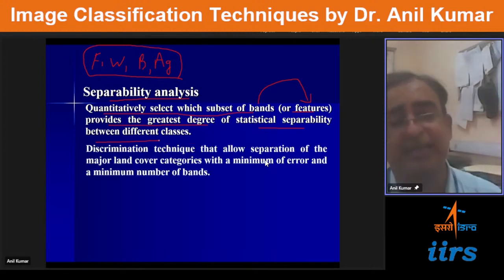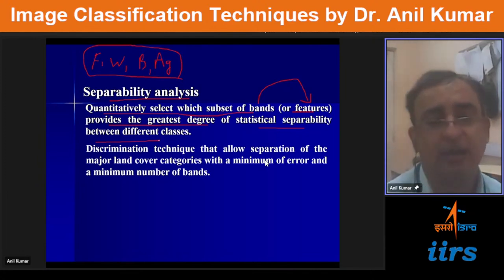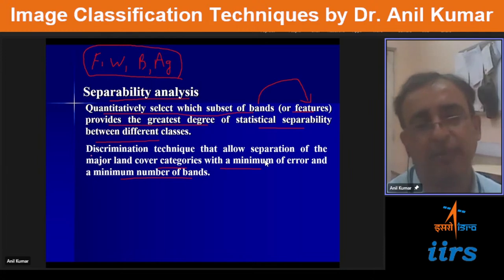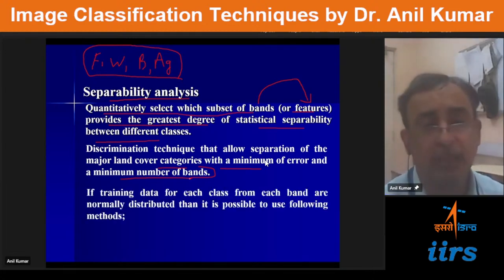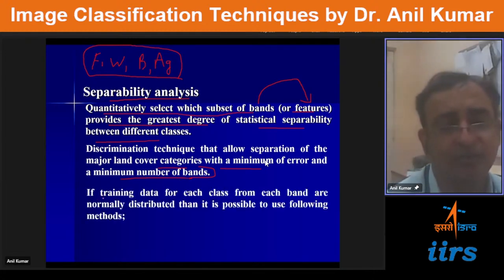Here it is basically a discrimination technique that allows separation of major land cover categories with a minimum of error and a minimum number of bands. So it basically discriminates between classes while considering the minimum number of bands. Here is how it works on the training data.